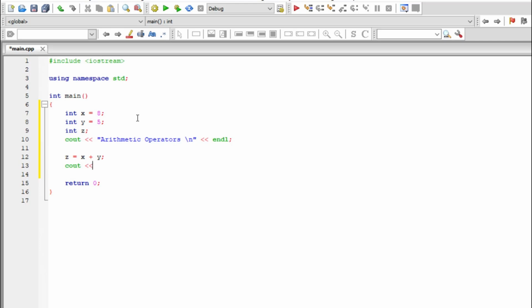is equal to, we'll say the value of z is. Now you have to introduce a string, because this has to be in string form. So the value of z equal to.